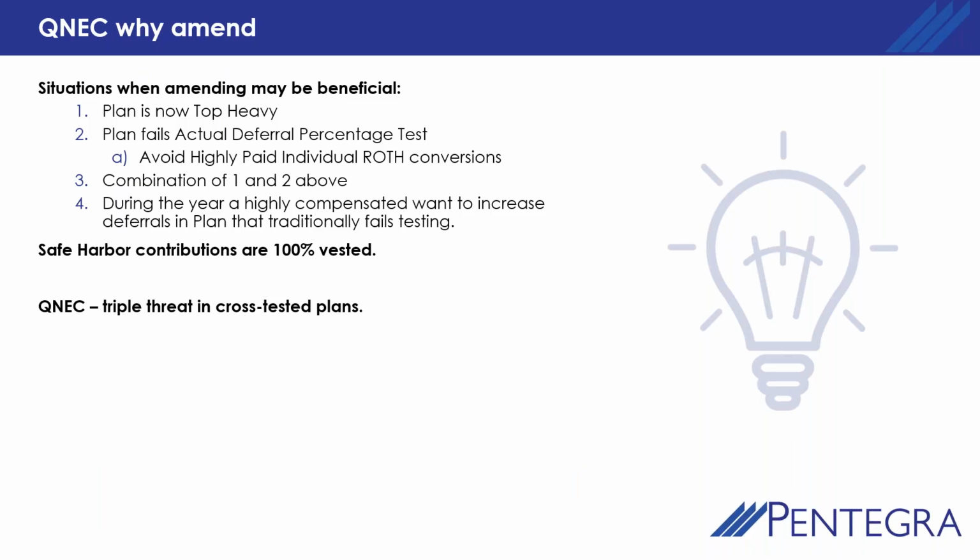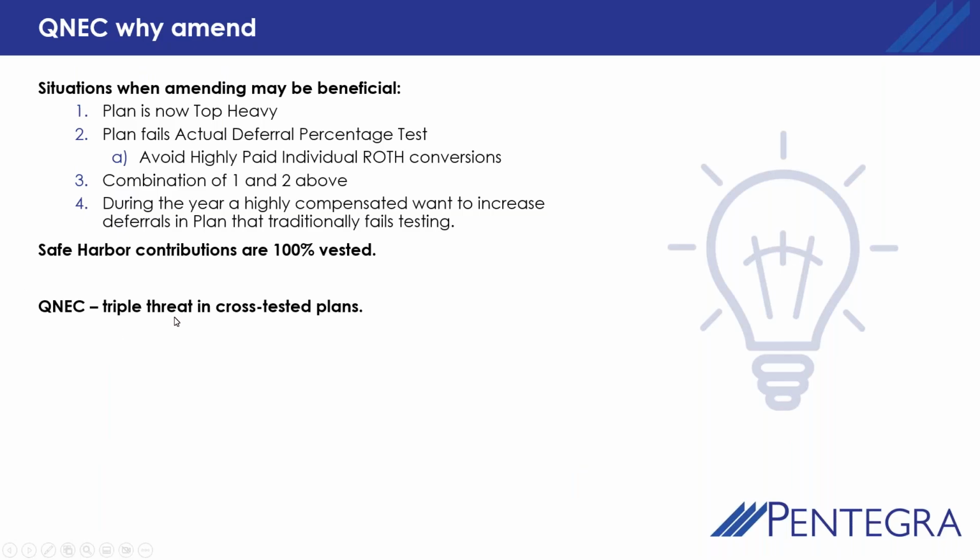And then another time to do it is during the year when highly compensated employees want to increase their deferrals if they know that they've been traditionally failing the test. Amending to a safe harbor is going to give them that freedom to be able to max out the salary deferral limit. And as a reminder, safe harbor contributions are 100% vested.